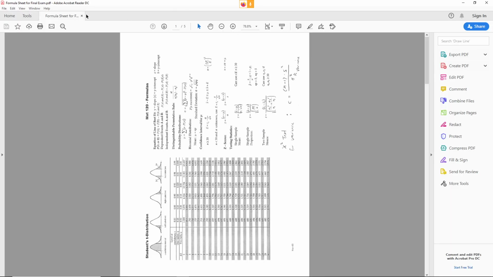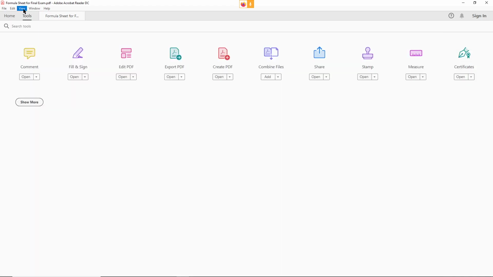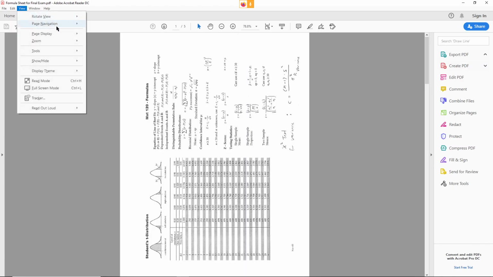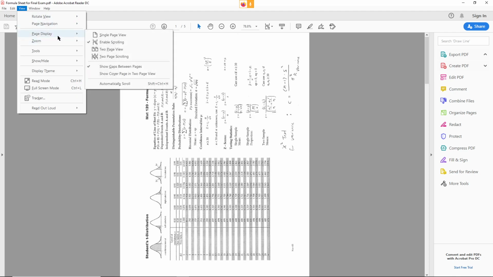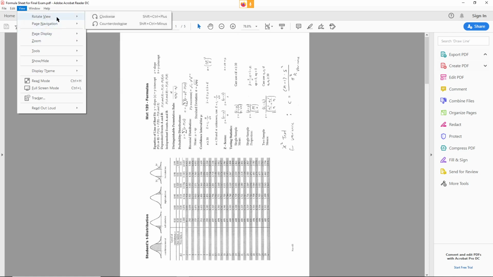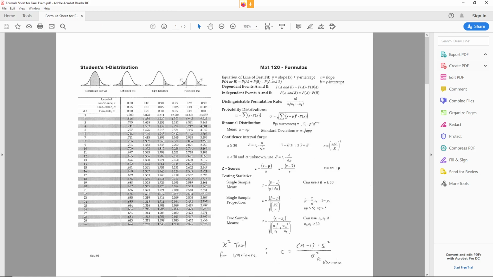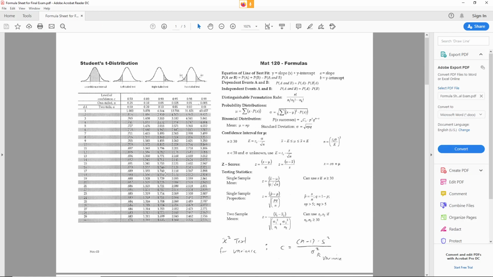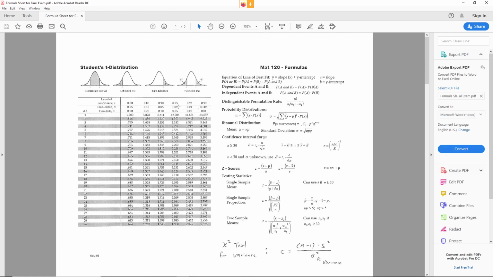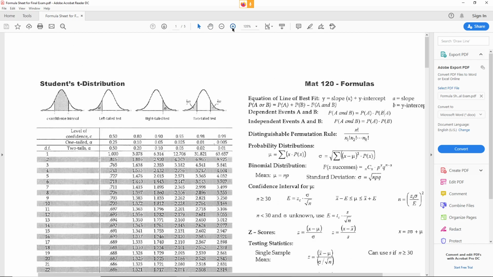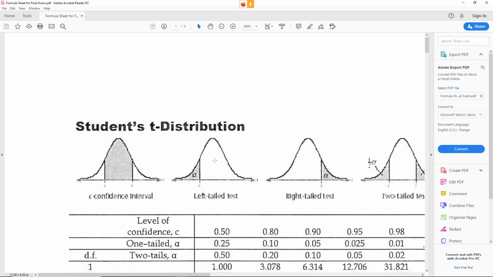Let me see if I can rotate it. Rotate it clockwise. All right. So if you look at this right here, I know it's a little bit hard to see. Let me just make it bigger. Like this.